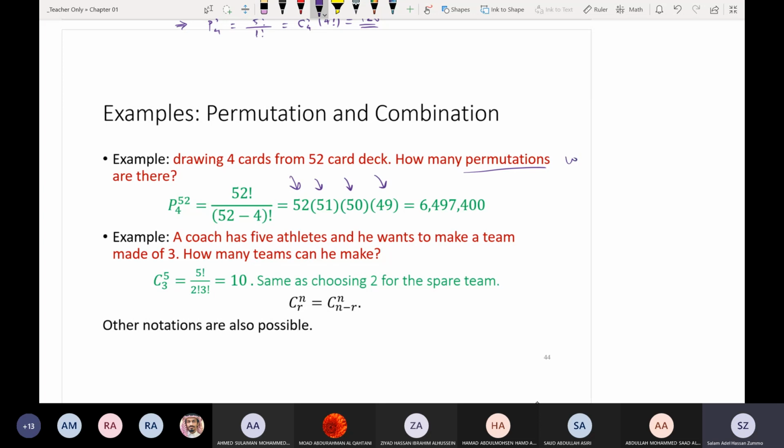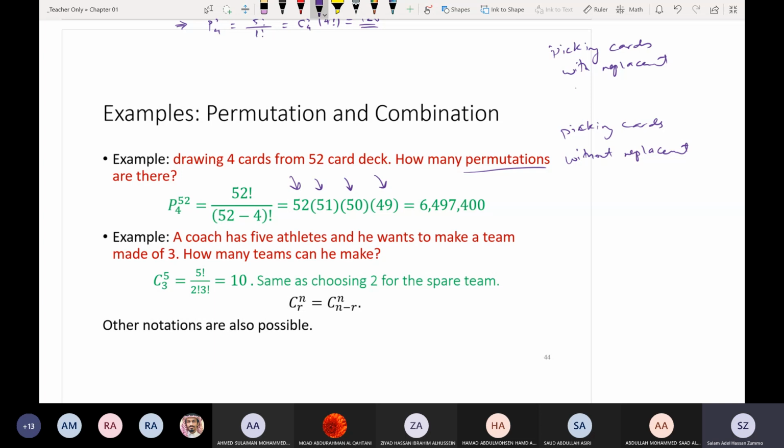So this is without replacement, or picking cards without replacement. If we said with replacement, picking cards with replacement, then what is the answer, guys?